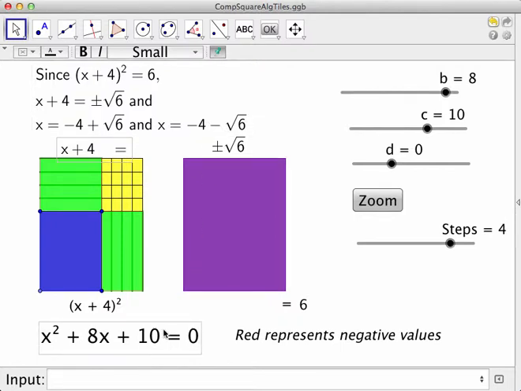But let's think about this other number here. So the C value is equal to 10. The question is, how could we have predicted what this number would be, the square root of 6, and in this case, the negative square root of 6? So let's think about that for a little bit.